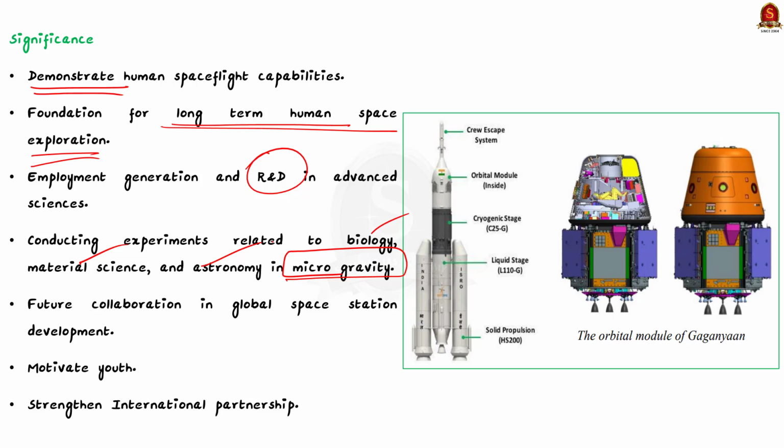Then the mission will technically equip India for further collaborations in global space station development. Then it will motivate our youth to study and choose a career in hard sciences. Finally, the mission will strengthen international partnerships and global security through the sharing of challenging and peaceful goals. These are some of the significance of this mission.